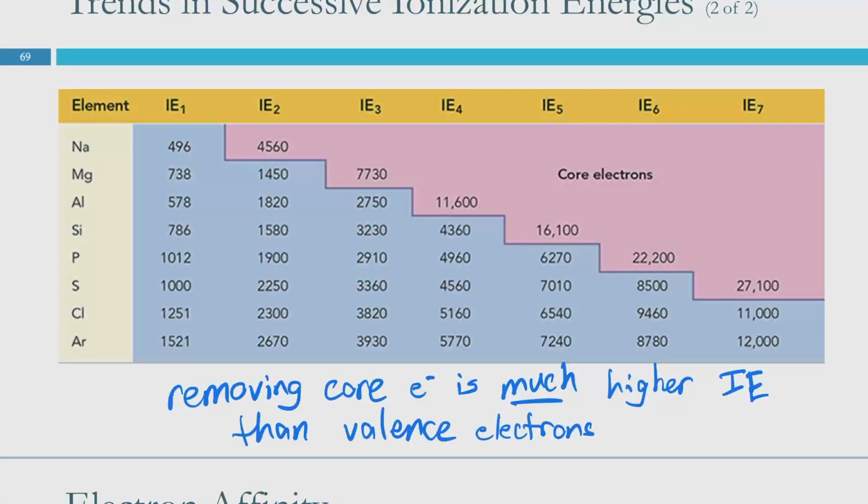I think that would be the easy takeaway. You'll see a progressive increase as you get closer to taking off that complete valence shell. Once you've removed the entire valence shell, your ionization energy spikes, goes straight through the roof. And then you'll see another successive increase that's just kind of like normal size steps. And then if you take off that shell, I assume it would also spike again.